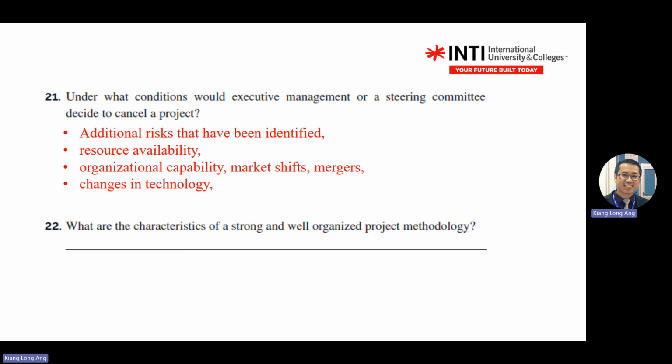When you merge company to company, some projects are stopped totally. So if you are in the property industry, you always like to read the newspaper, or you have a tea session with all the bosses, because you know what is going to happen in the next 2 years.